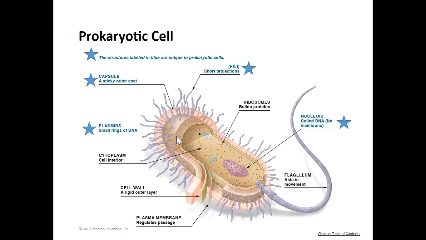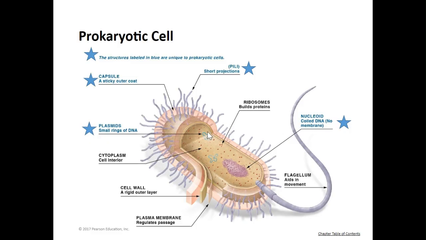Our plants and our prokaryotes often will have cell walls. And then we have a cytoplasm, which is basically the interior of the cell. So whenever we need to talk about everything to the inside of the plasma membrane, all the liquidy stuff and organelles, or in this case, since prokaryotes don't have organelles, the bits and pieces that are in there, we call that all cytoplasm.